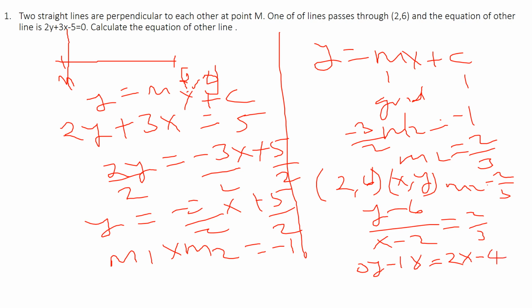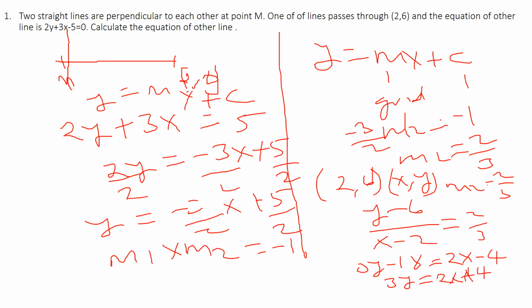So this one is the same as 3y = 2x, and then if you take 18 to the other side, it becomes -4 + 18, that is plus 14.